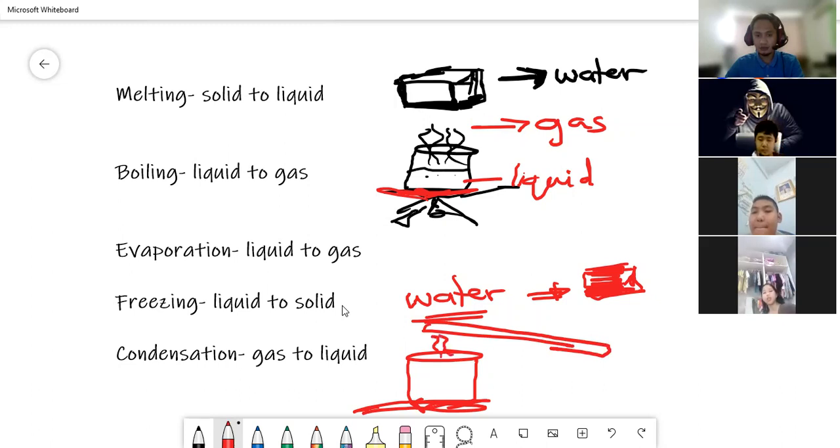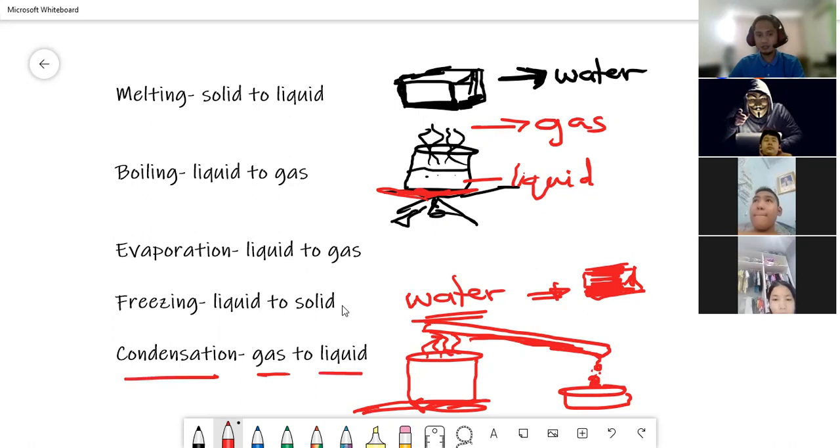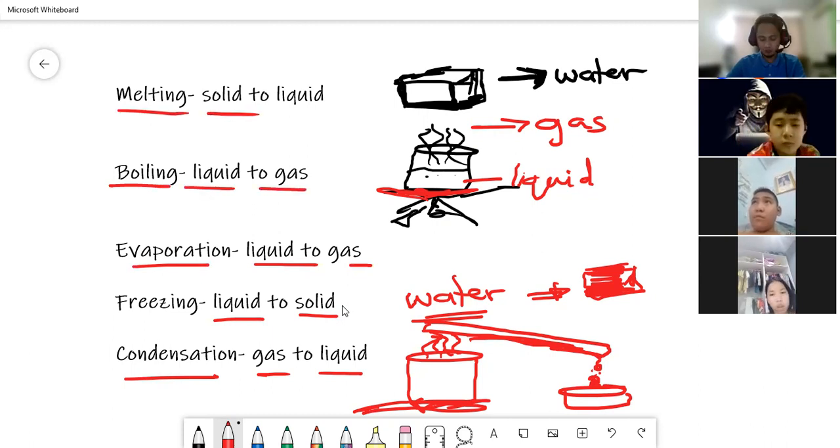The gas goes there, and then the liquid drops over here. That is what we call condensation. Gas to liquid, freezing, liquid to solid, evaporation, liquid to gas, boiling, liquid to gas, then melting, solid to liquid.